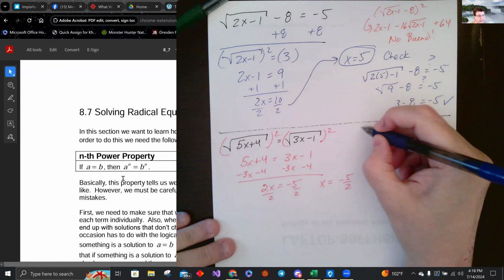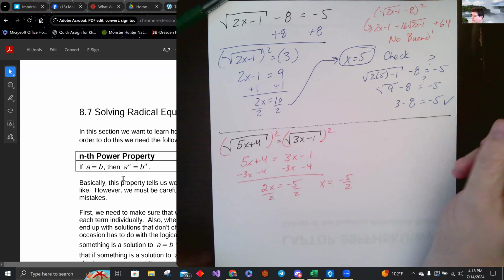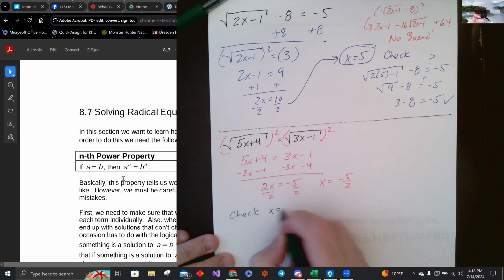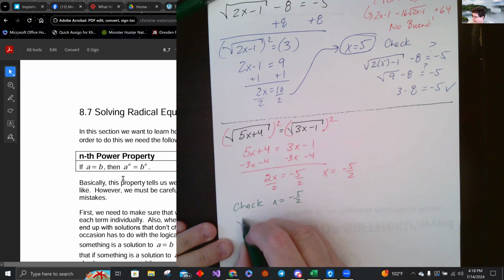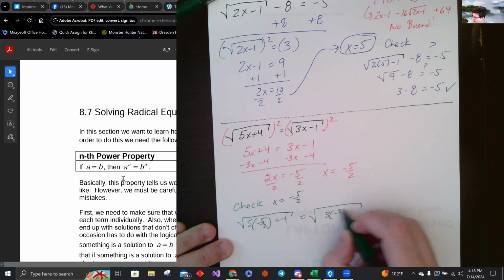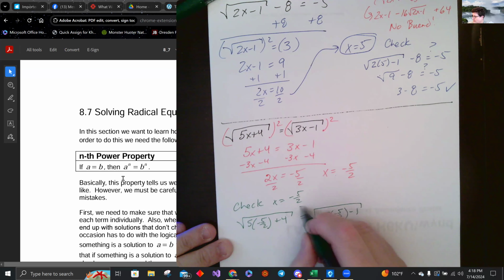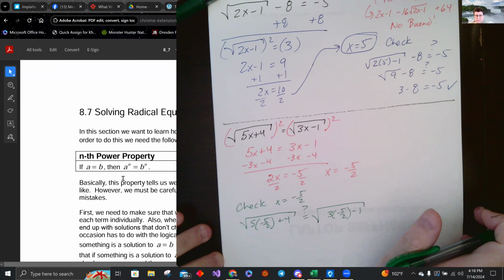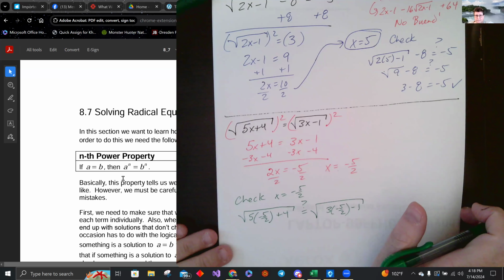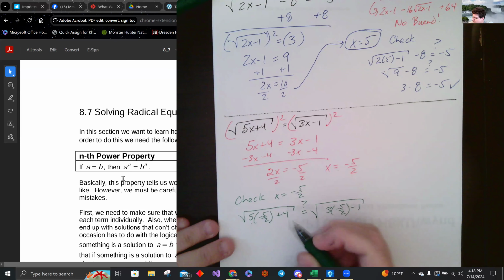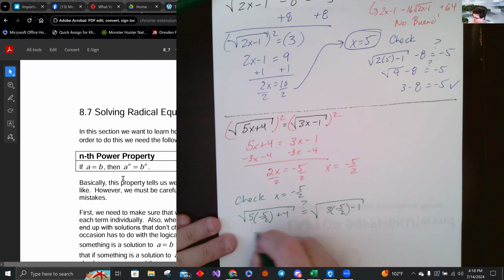So now we're going to do our check. I have square root of 5 times negative 5 halves plus 4. Does that equal the square root of 3 times negative 5 halves minus 1? This is negative 25 over 2.